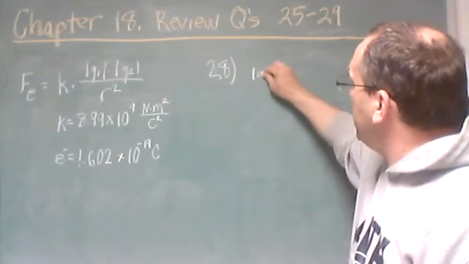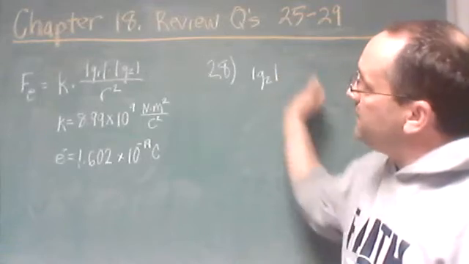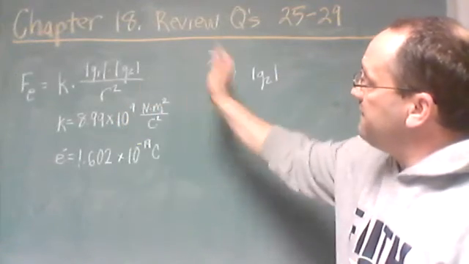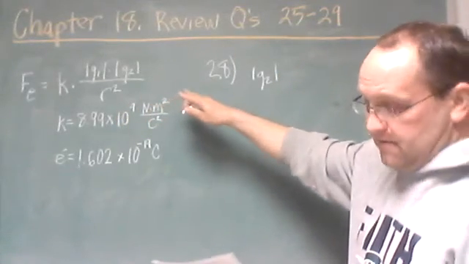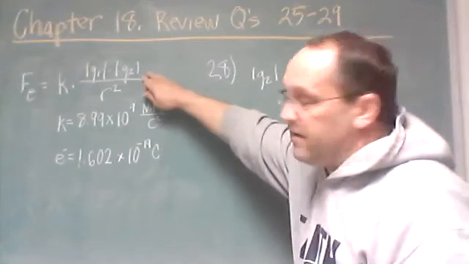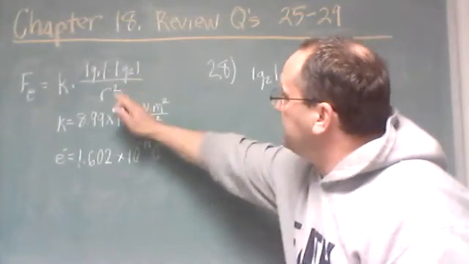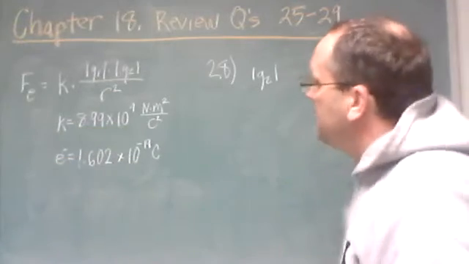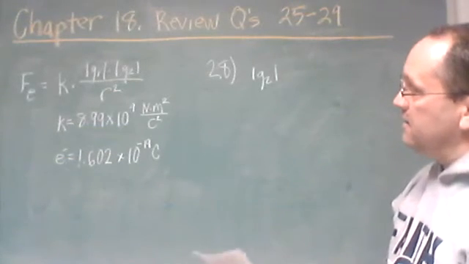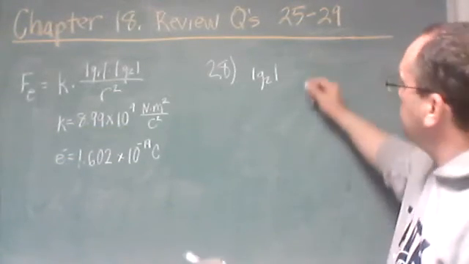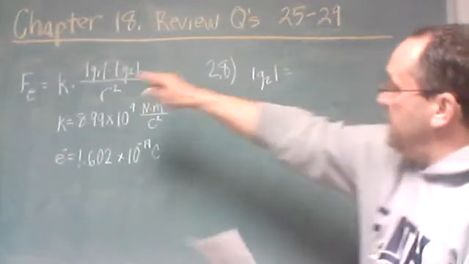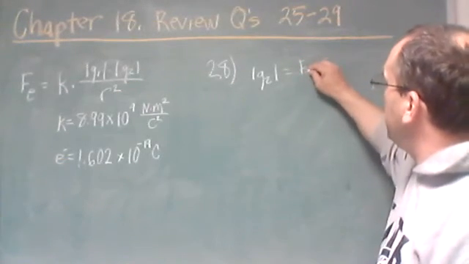When I isolate Q2 on the left side of the equation, I'll leave it over here in the numerator and take everything else to the other side. The FE on the other side stays in the numerator.